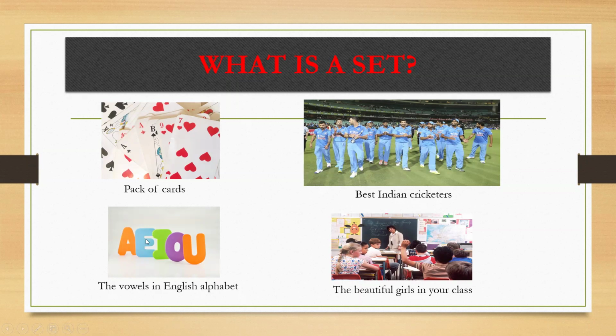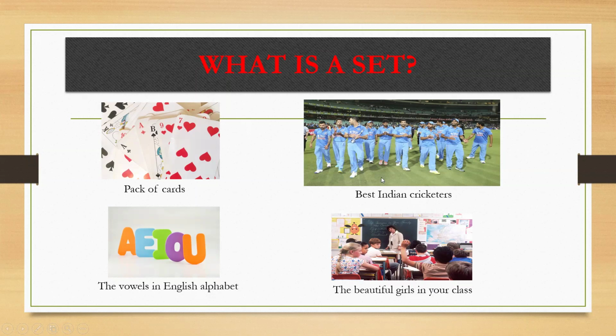But the third collection, which was the vowels in English alphabet, will not vary from person to person. Everyone will be giving the same answer, which is nothing but A, E, I, O, U. Clear? And the fourth example, it also varies. It is a collection of girls in your class, but the answer varies from person to person.